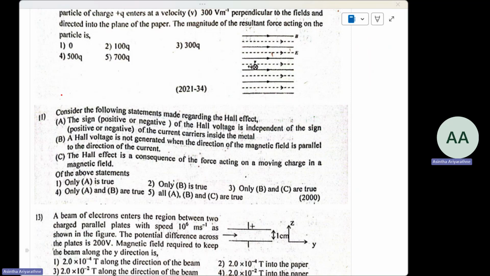B: A Hall voltage is not generated when the direction of the magnetic field is parallel to the direction of the current. Yes, that's true.